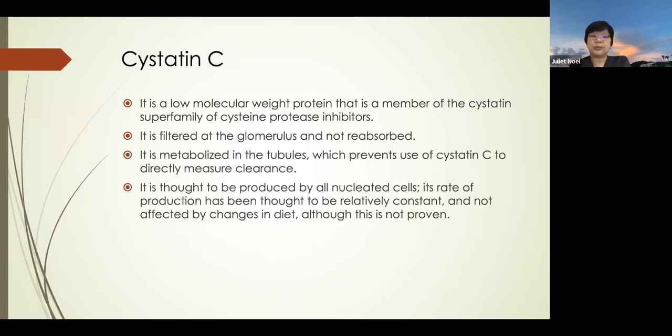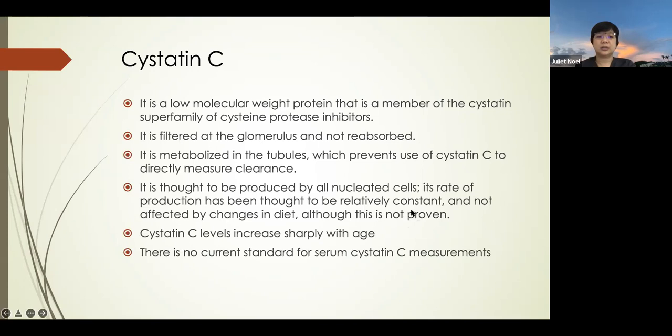Cystatin C is thought to be produced by the nucleated cells, and its rate of production has been thought to be relatively constant and not affected by changes in diet, although this is not proven. And cystatin C level is increased sharply with age. As of the moment, there's still no standard cystatin C measurement.